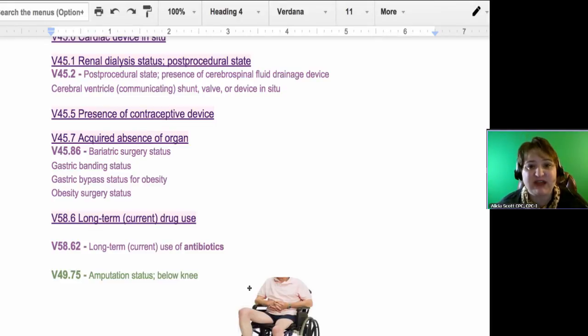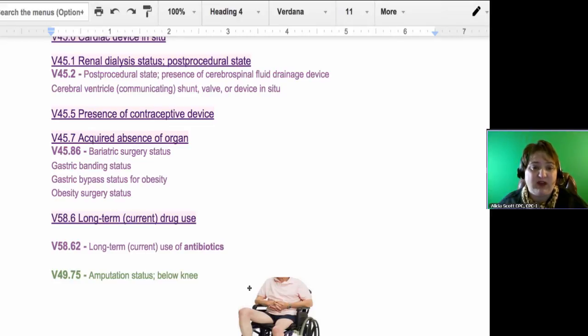Most of the time I see that in that area that I showed you in that chart, where the patient has the blood pressure and all the vital signs, and then off in the corner it'll say BKA, below knee amputation, all caps, and you don't even think about it because it's in the vital signs. But below the knee amputation is a V code, and it also carries an HCC, so it is something that is very important to always be documented, and it affects the care of the patient, especially if they have an amputation of a limb.